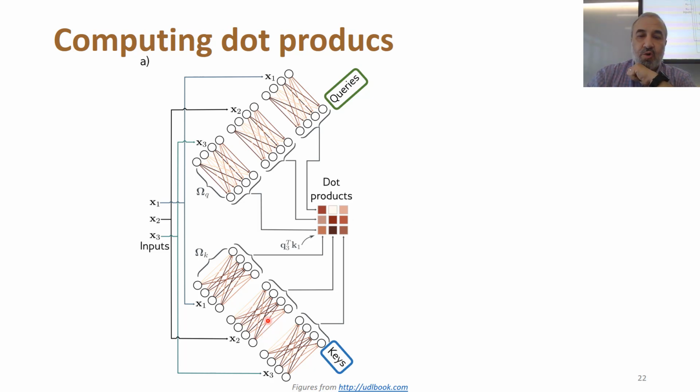For example, we'll take the query vector of x3, which is this. We compute the dot product between this query vector and the key of the first word, k1. So q3 with k1, and that will be one number. No, every query vector with every key vector.